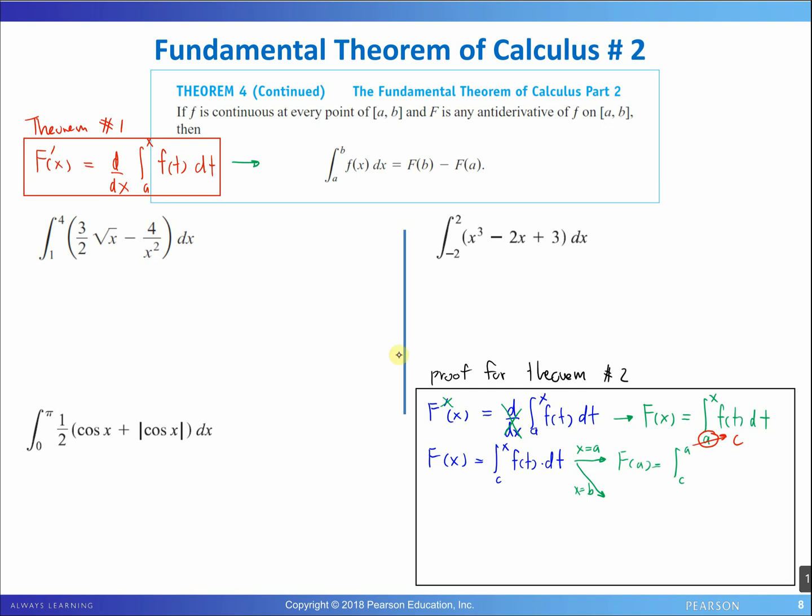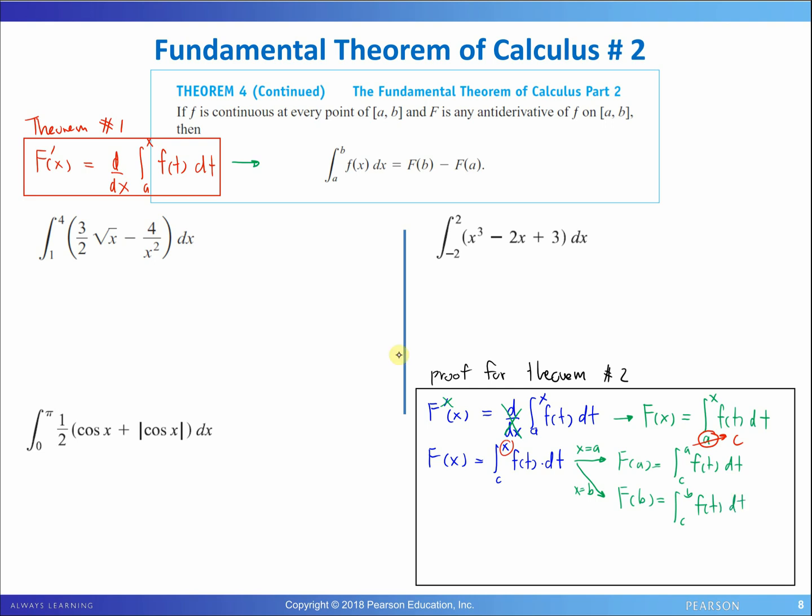Notice this, now x becomes a. Same f of t, dt. And now for the second one, it's going to be similar. It's going to be big F of b, integration from c to b. Once again, x becomes b. Same f of t, dt.